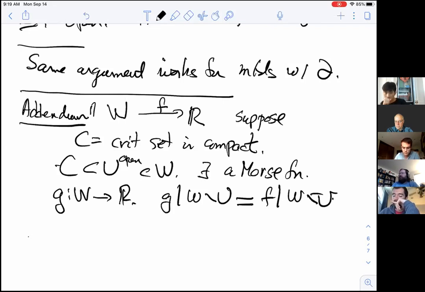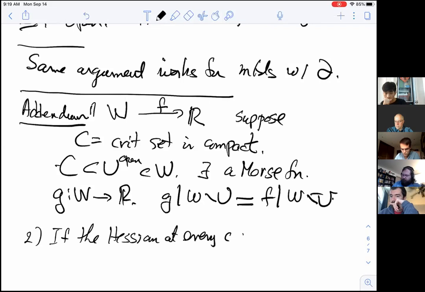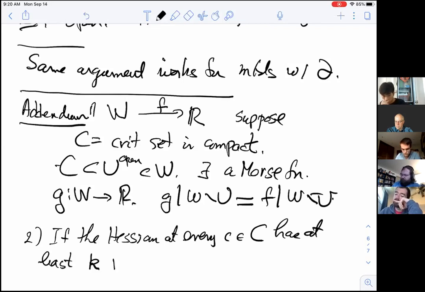Another addendum is that, under the same hypothesis, if the Hessian at every point C in the critical set has at least K negative eigenvalues, which we can take to be the index, the number of negative eigenvalues in general, whether or not there are zero eigenvalues.